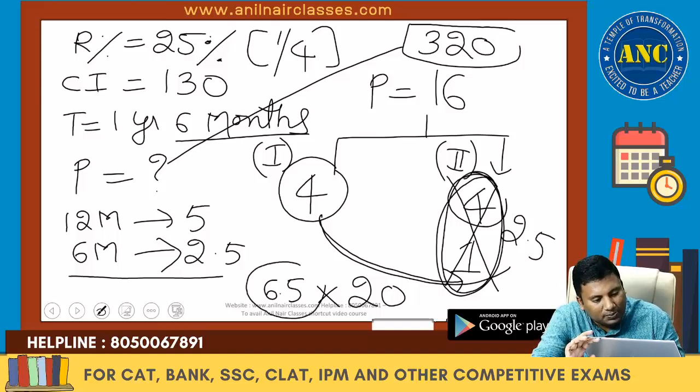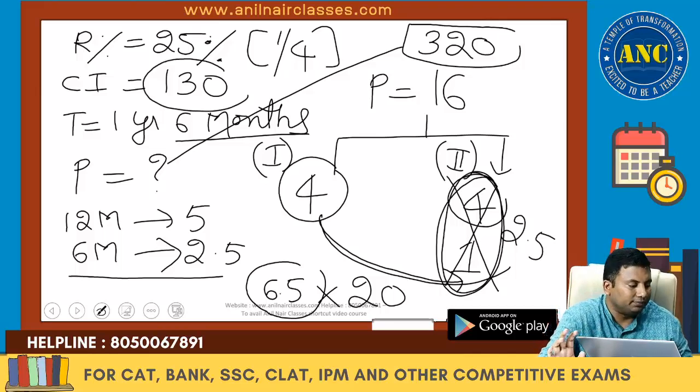Total it is 6.5, but in the question it is 130. So into 20. I hope the idea is clear. Morning, these are the questions I could not discuss because of time constraint. That is the reason I am taking it up in the class.